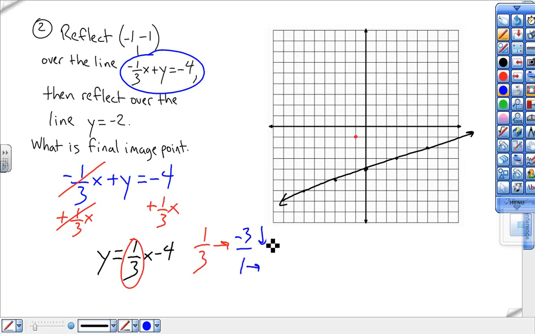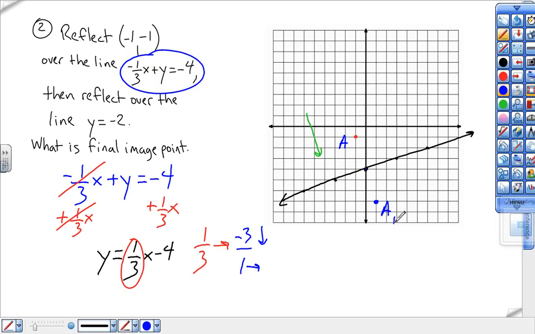Which means as I approach this line, coming at that line of reflection, I need to hit it with a slope of over 1, down 3. That is the reflected point. I'm going to call this A. I'm going to call this A1. This is the pre-image A and the image A1.